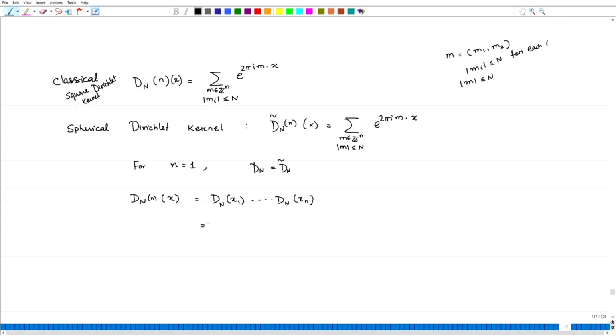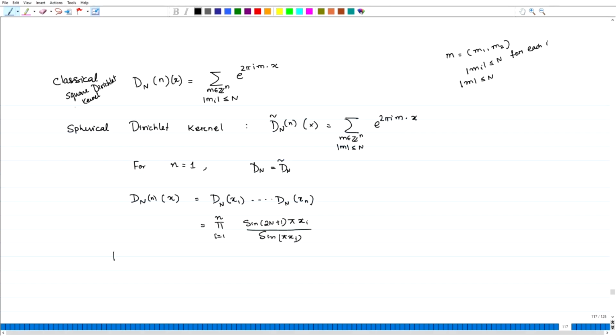So, this is nothing but the product over i equal to 1 to n of sin((2n+1) pi x_i) divided by sin(pi x_i). That is what we have seen, because this is nothing but the product, it is lying on the rectangle.